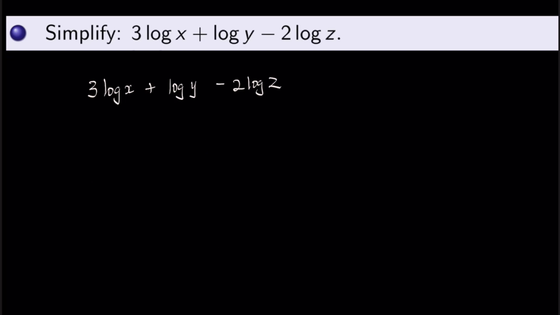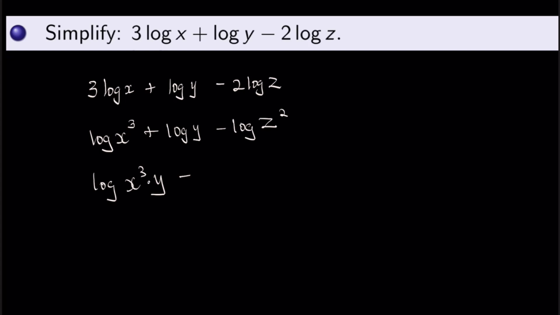Using the rules of logarithm, we are going to have log of x cubed plus log of y minus log of z squared. Now these two are adding, so we are going to have log of x cubed multiplying y, then minus log of z squared.